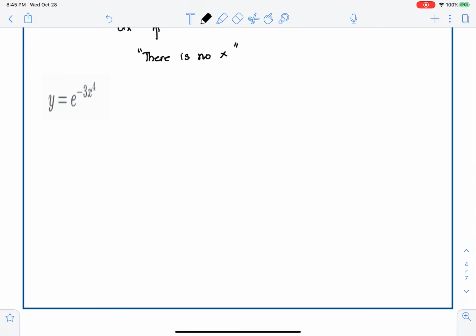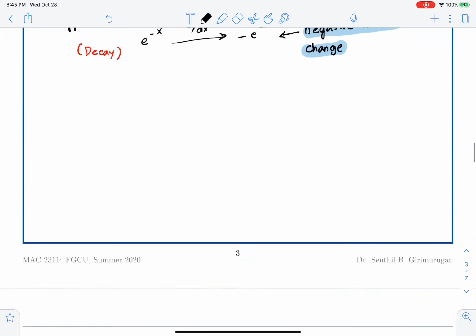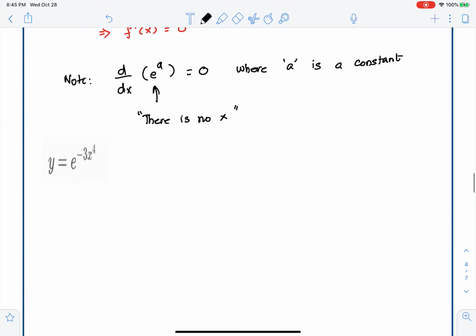So we have to find the derivative where y is equal to e raised -3 multiplied by x raised 4. Now, if the power were to be just -x, we know the answer would be negative e raised -x. But that is not the case.